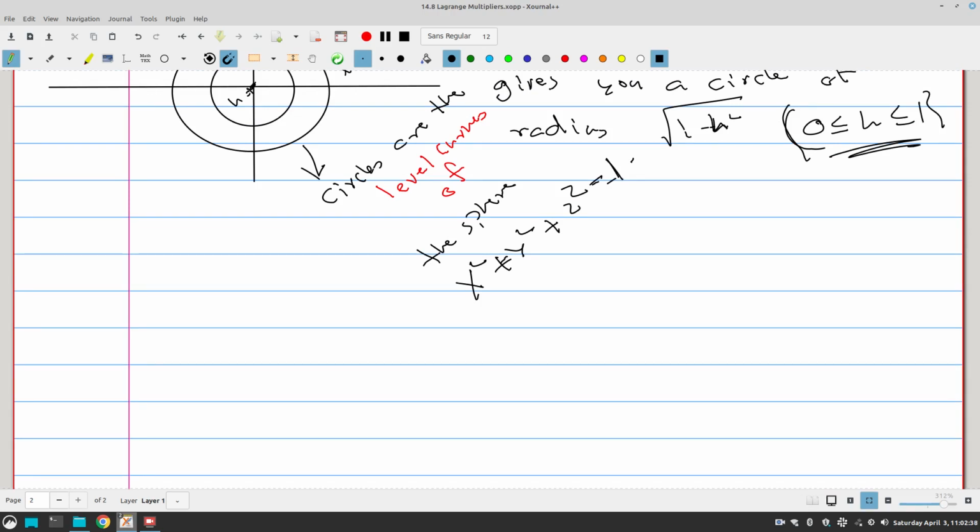You could talk about the level curves of any surface. For example, if you have f of xy equals x squared plus y squared, right?